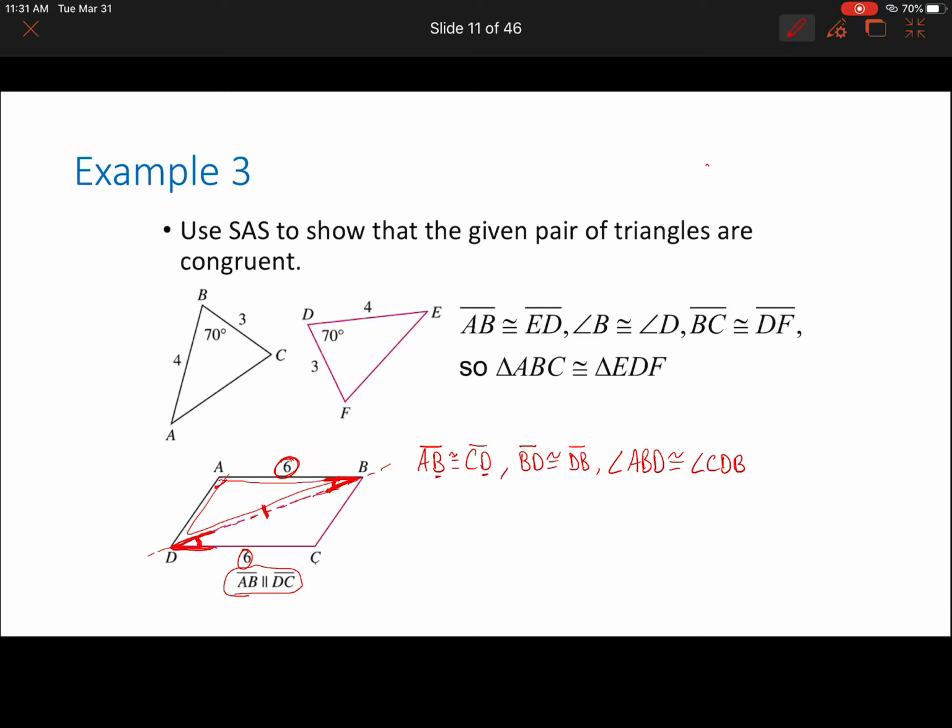And so we're going to then say that angle ABD is congruent to angle CDB. Again, make sure we have all of our letters in the right order. And so, based on the fact that it's side angle side, because that angle is included, it's the one between our two sides, these two triangles must be congruent by side angle side.